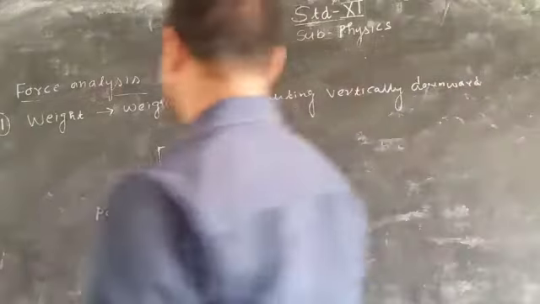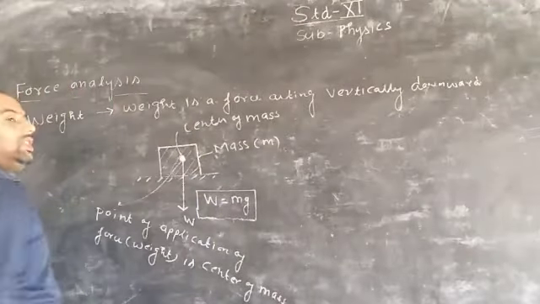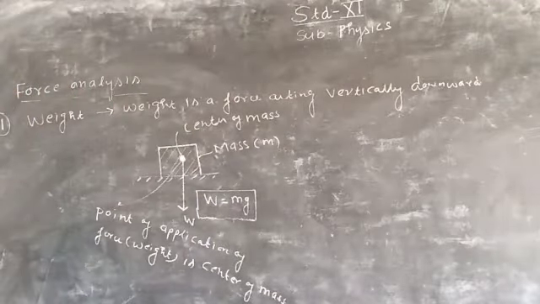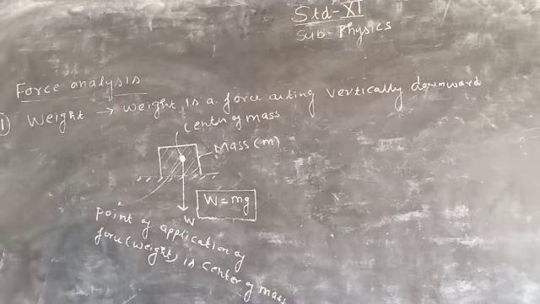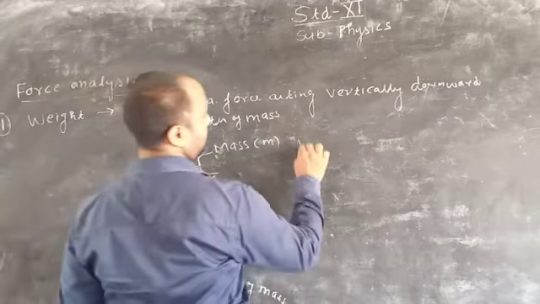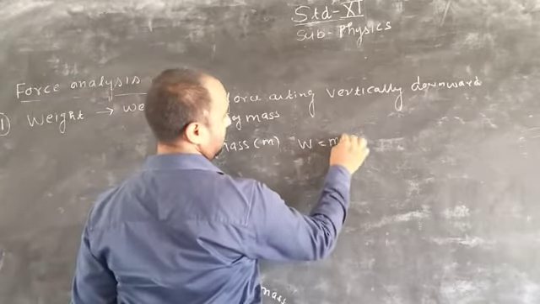So we have to see that weight is acting only in the vertically downward direction, and the magnitude of weight is equal to mg.